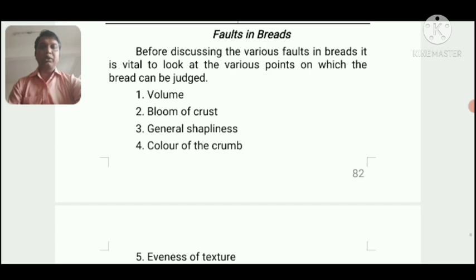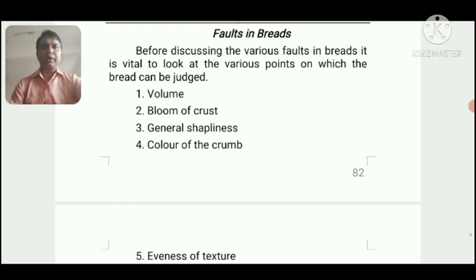Then we have some big equipment used in the bakery, the dough kneading machine. Dough kneading machines are very heavy equipment, and you can mix dough up to 25 to 30 kg, or there are bigger dough kneading machines which can mix a final weight of about 30 to 40 kg of dough.